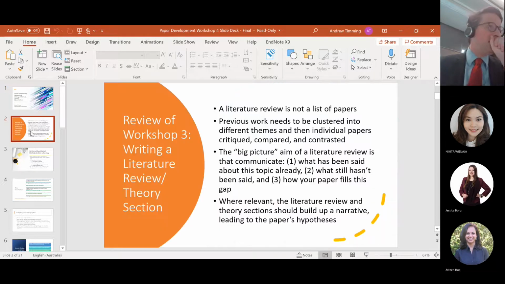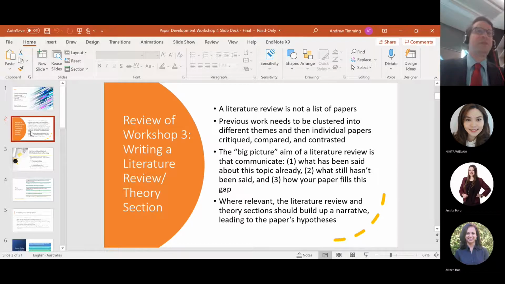And as always, I will start off with a brief review of the third workshop, which we held, it must have been about 2 months ago, on writing a literature review and a theory section. So what we discussed in the previous workshop was the idea that a literature review is not, or at least should not be, simply a list of papers. This person said this, and this person said that.